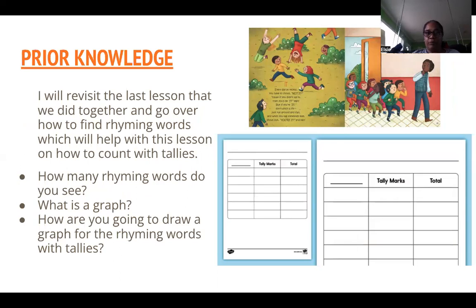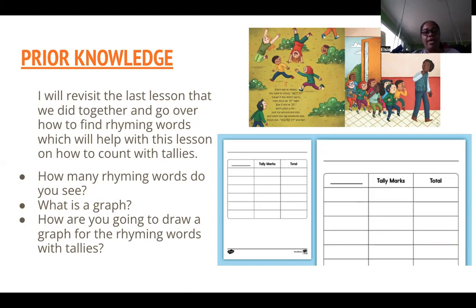Okay, for prior knowledge, students, I know that the last time we worked on this, we did rhyming words. So we're going to try to remember and go over what we did in the last lesson, and see if we remember how to find the rhyming words, which will help us count all the rhyming words with tallies in the story.